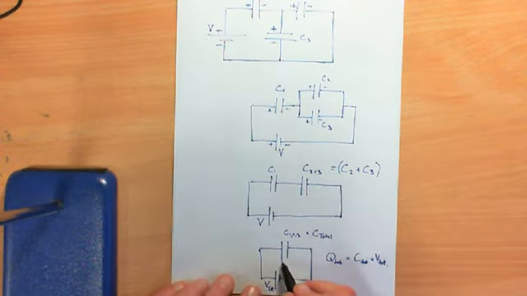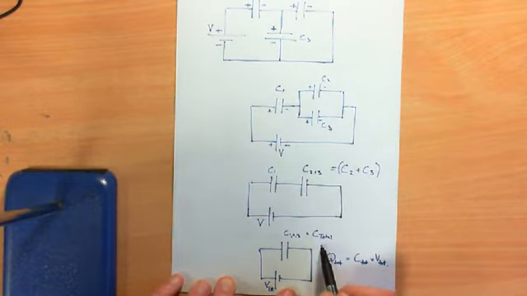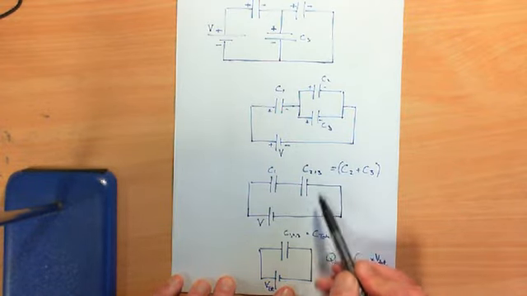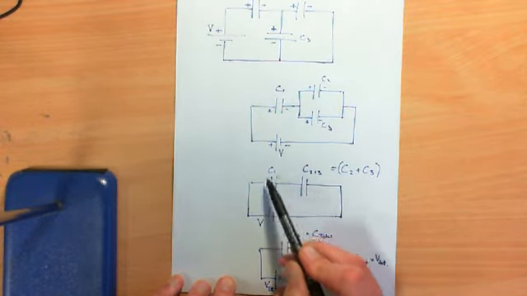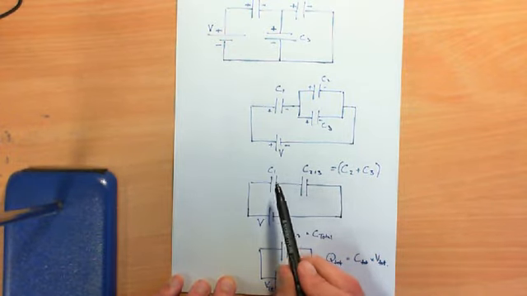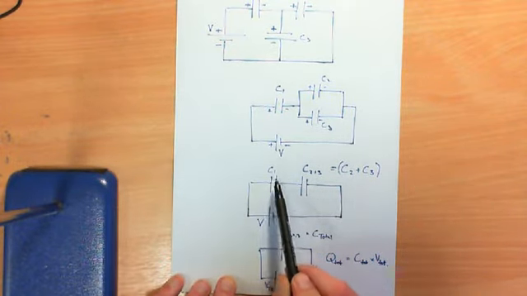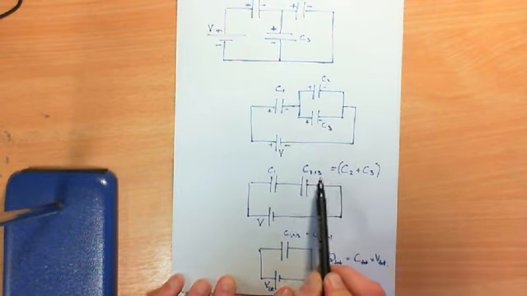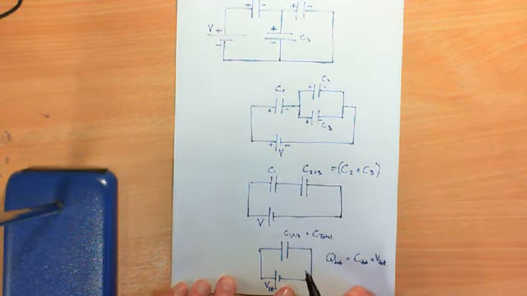How do I work out the total capacitance here? Well, here I've got C23 in series with C1. So I've got this capacitor C1 in series with my imaginary capacitor replacing 2 and 3.